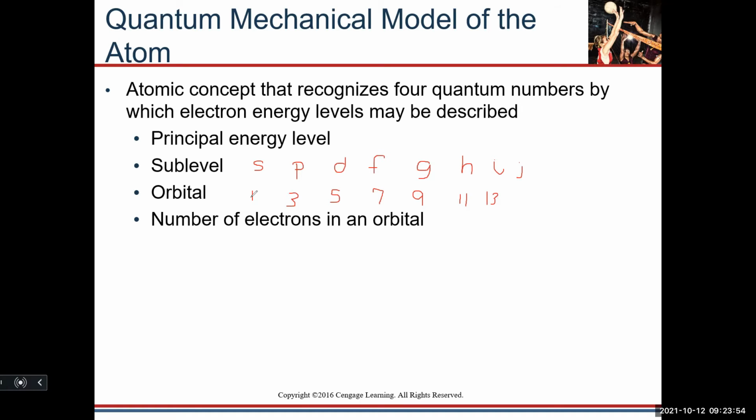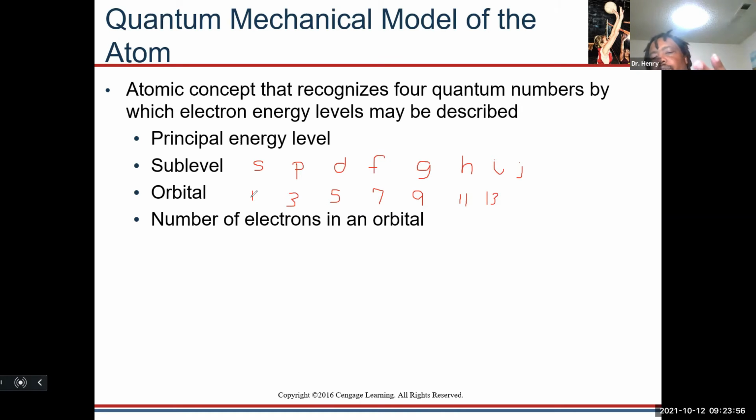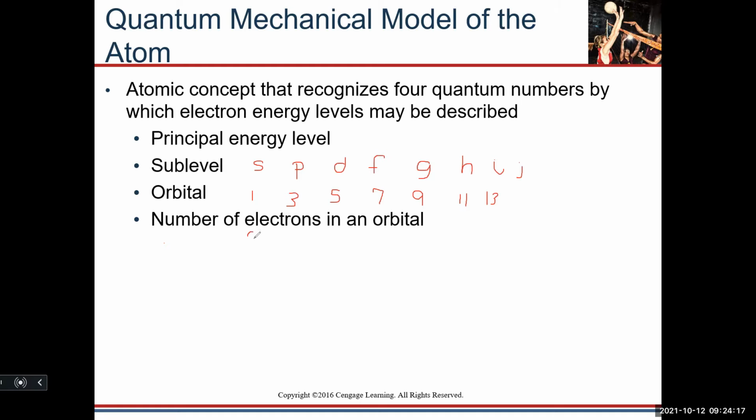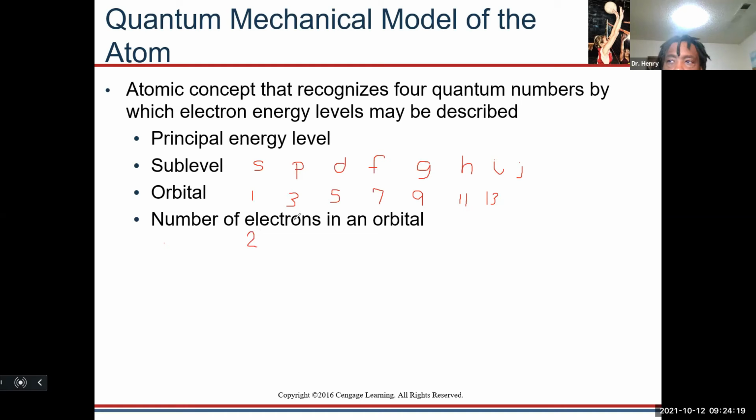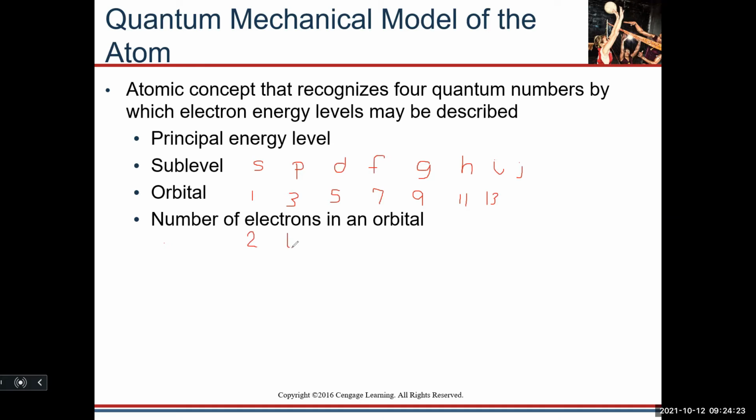Now, each orbital is able to hold 2 electrons, okay? Each orbital is able to hold 2 electrons. It's kind of like a love seat, right? Okay? So S can hold a total of how many electrons? S holds 2. P, 4?